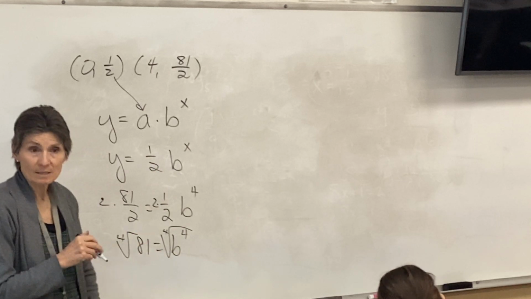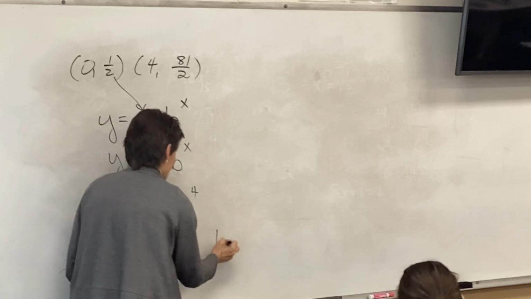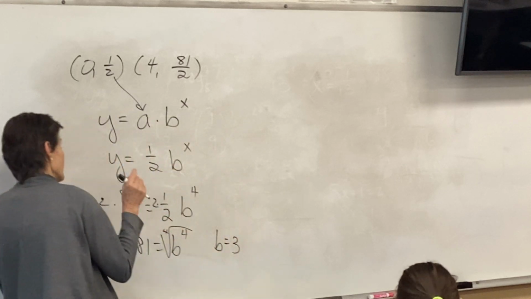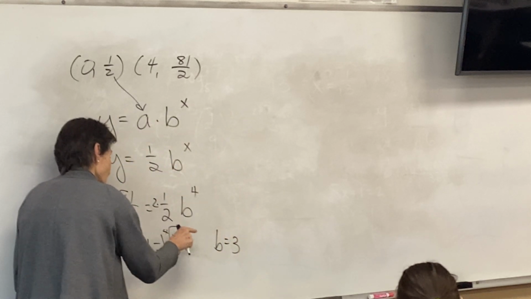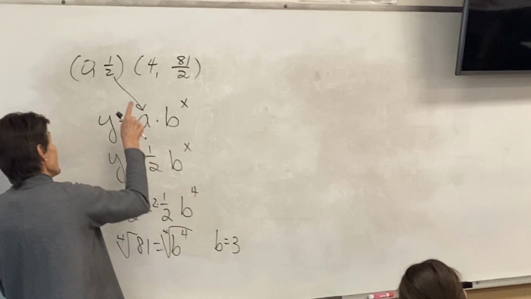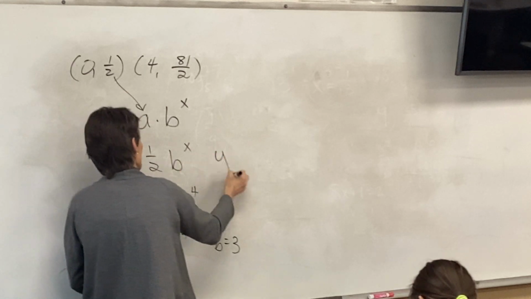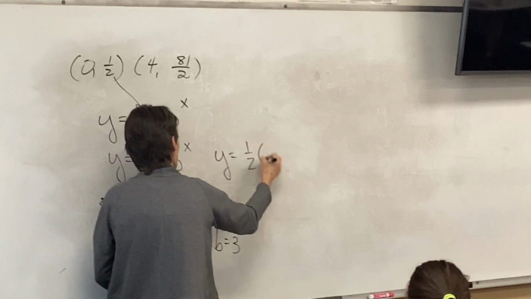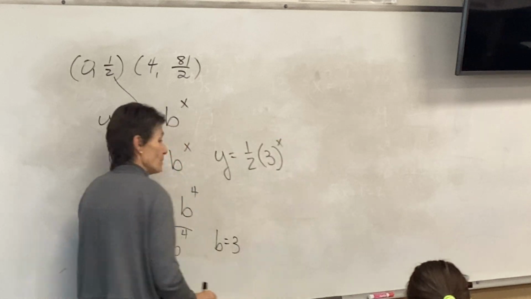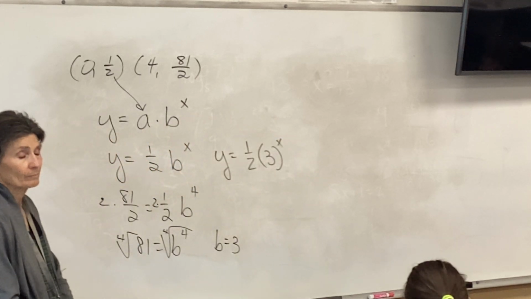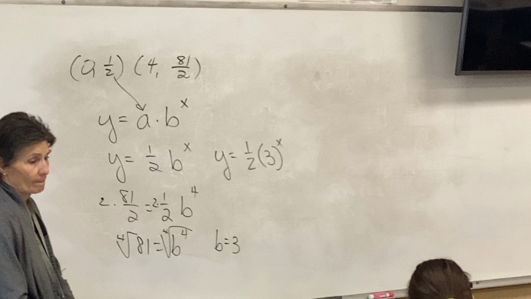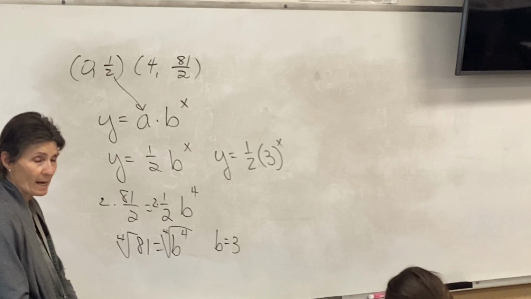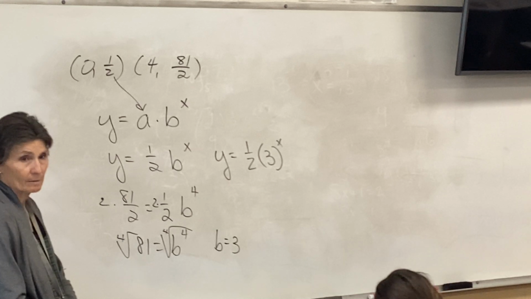So B is 3. Do not write that in the answer blank. In the answer blank goes Y equals 1/2 times 3 to the X. A is 1/2, B is 3.